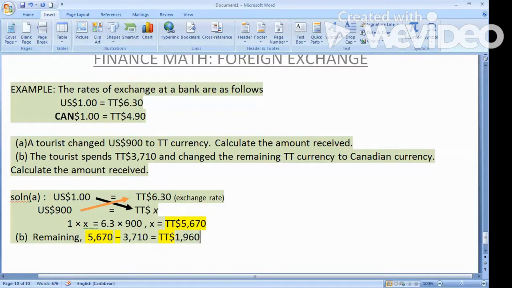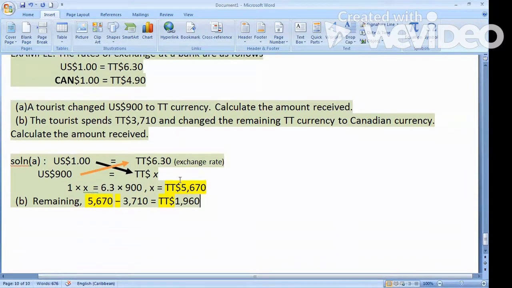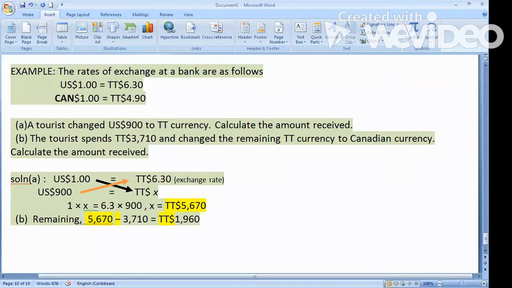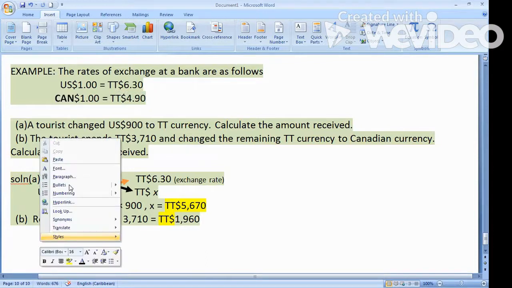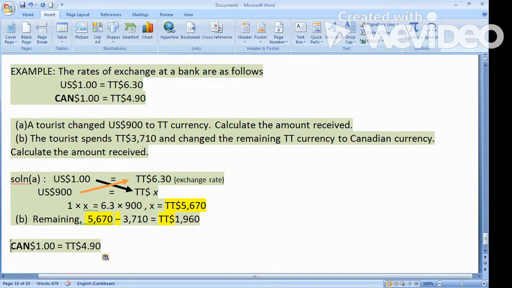So now we want to convert the remaining money to Canadian. Because we want to convert from TT to Canadian, we have to use this rate.